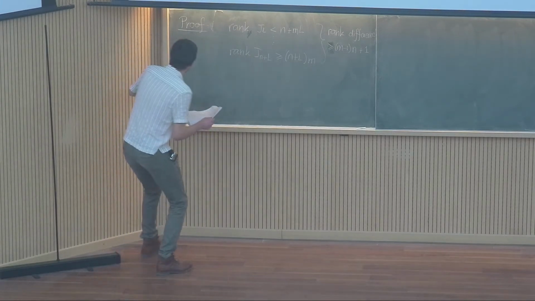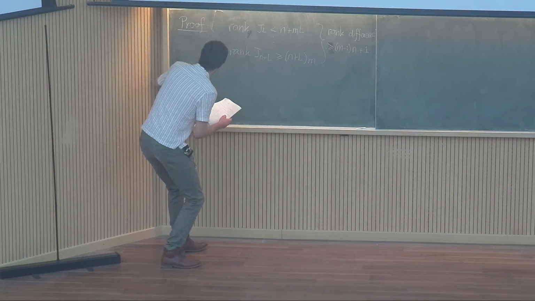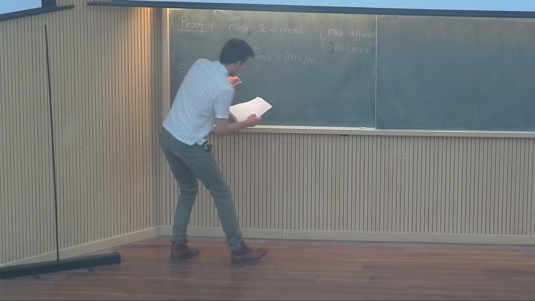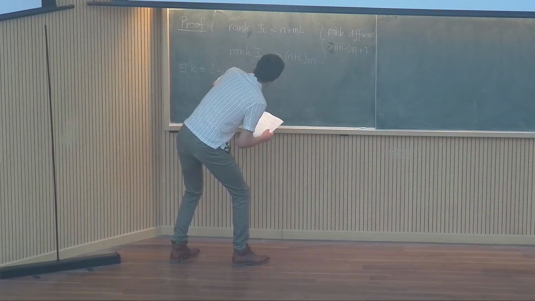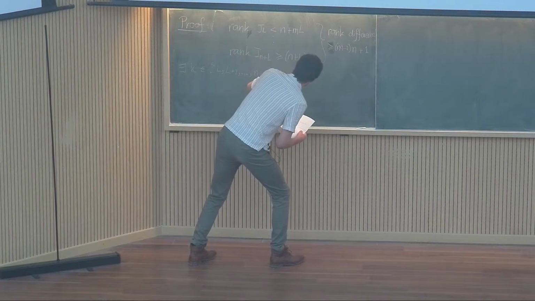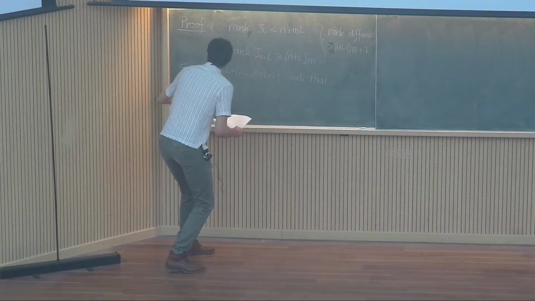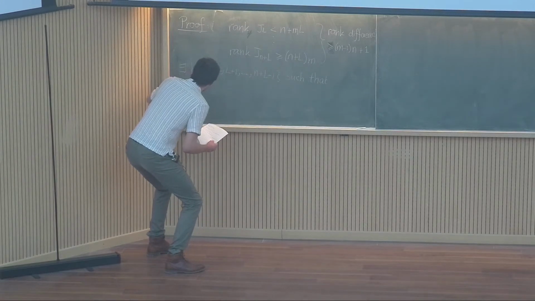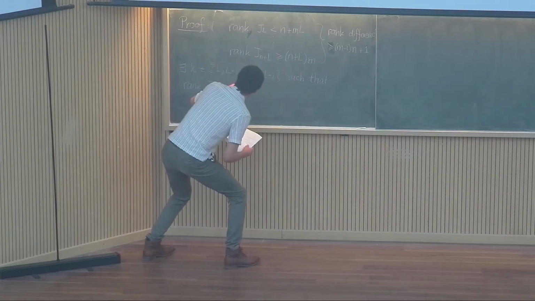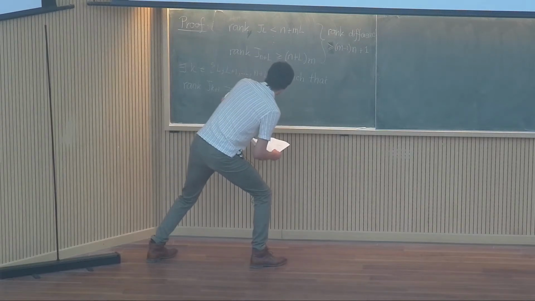That means that there must exist some k, a number between L and n plus L minus 1, such that, in fact, the rank of J_{k+1} is equal to the rank of J_k plus m.